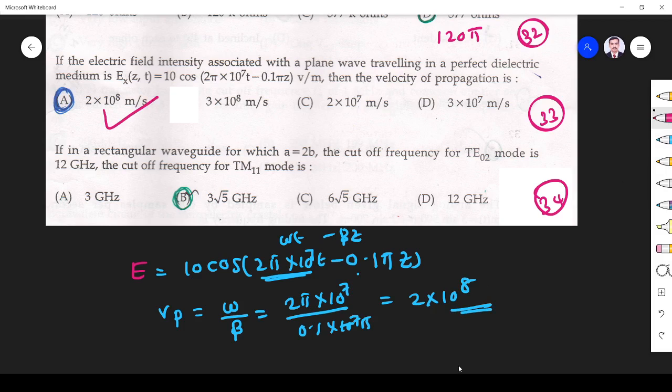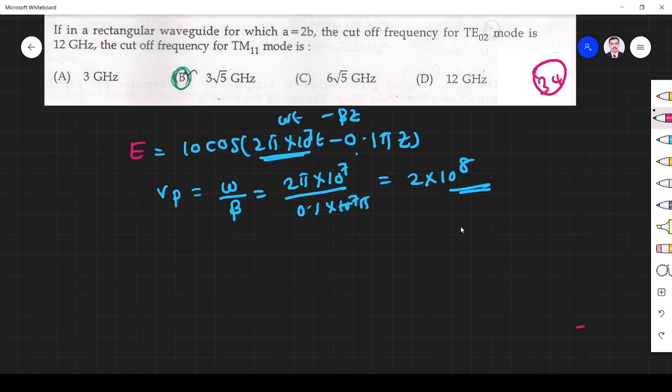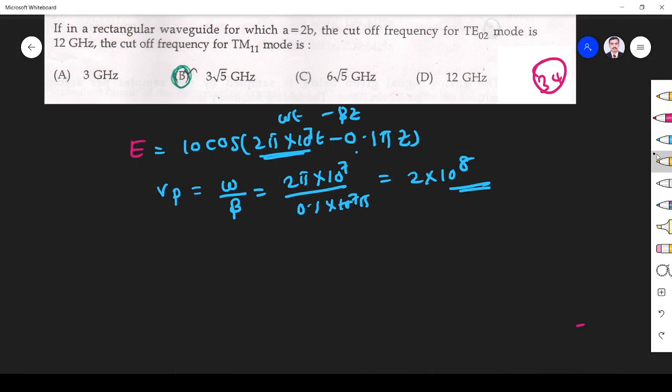Next, in a rectangular waveguide, a is equal to 2b. The cutoff frequency fc is 12 gigahertz for the TE02 mode, where m is equal to 0 and n is equal to 2.